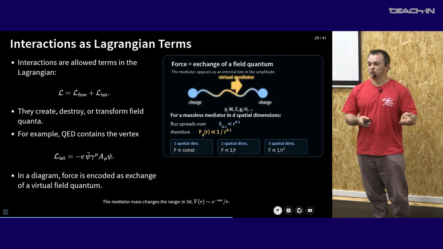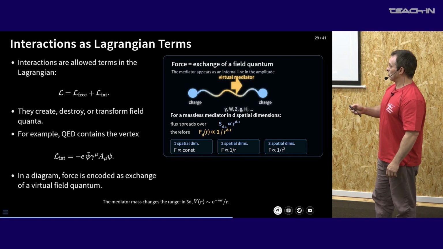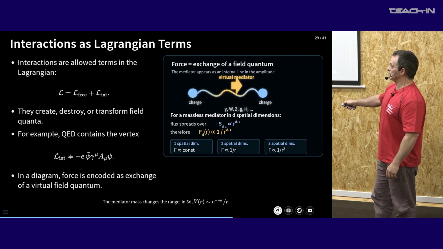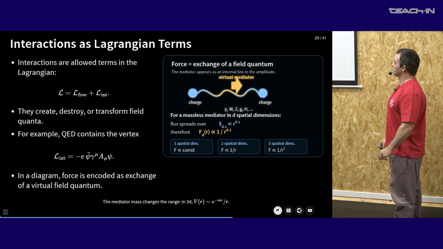And these are strong interaction theory or weak interaction theory or something else. So anyway, for the electromagnetic interaction, the interaction Lagrangian is very simple.